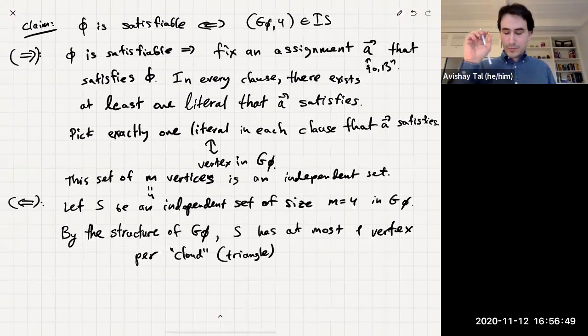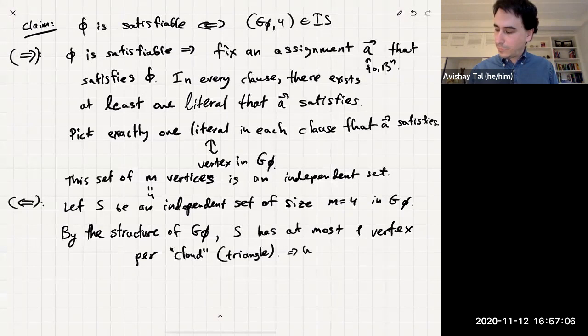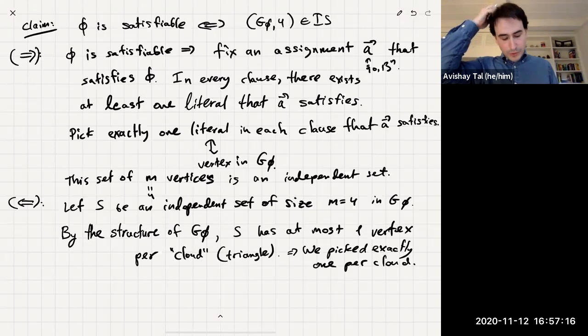So what does it mean? It means that in every triangle we can pick at most 1, and we picked m many vertices, so we must pick exactly 1 per cloud. And now I want to come up with an assignment.